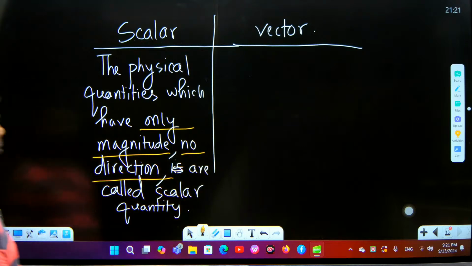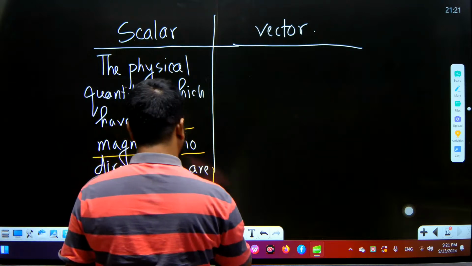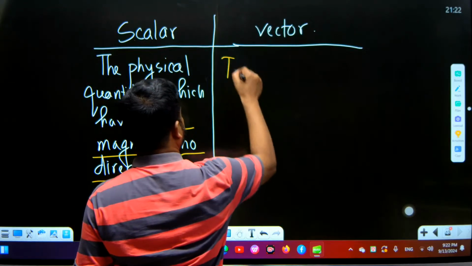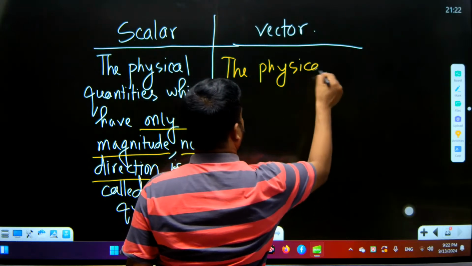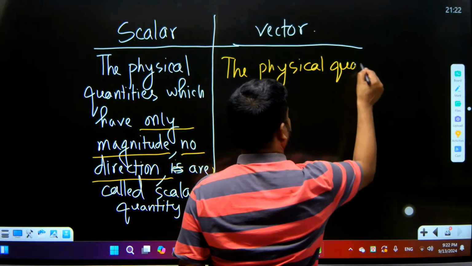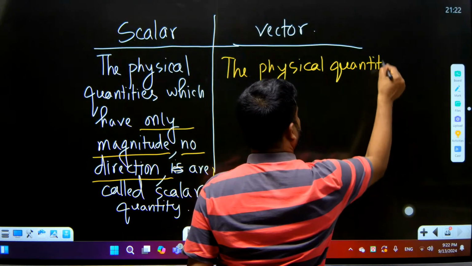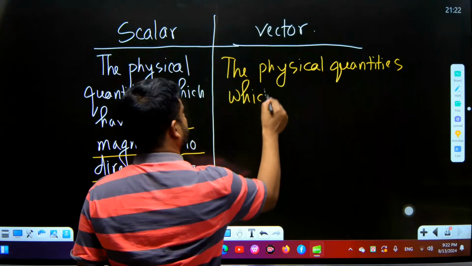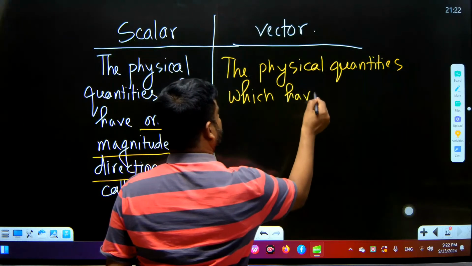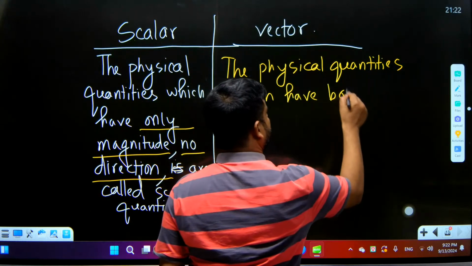On the other hand, vector quantities are the physical quantities which have both magnitude and direction.